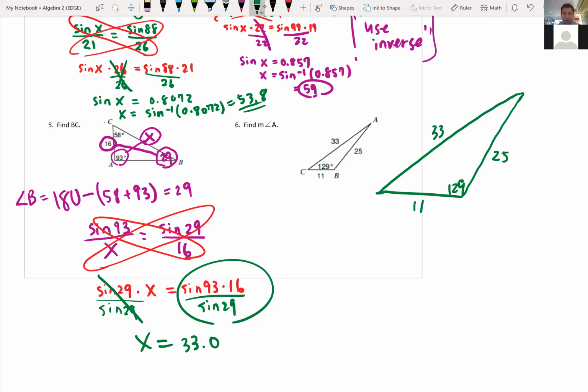And what are we trying to figure out? We are trying to figure out angle A, which is this one right there. Now, can you identify two pairs?